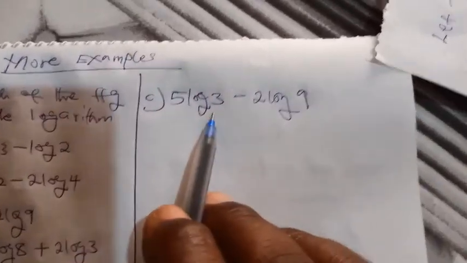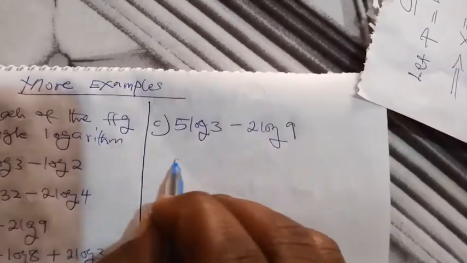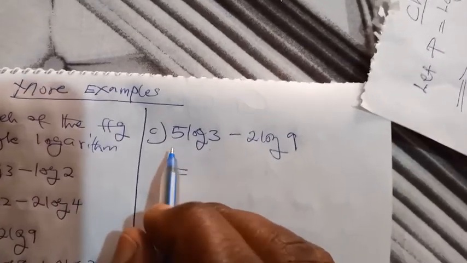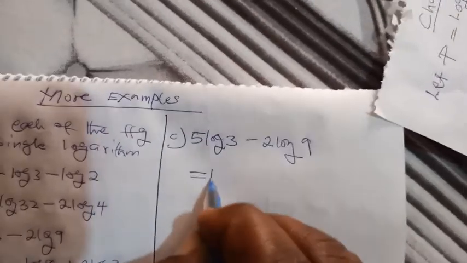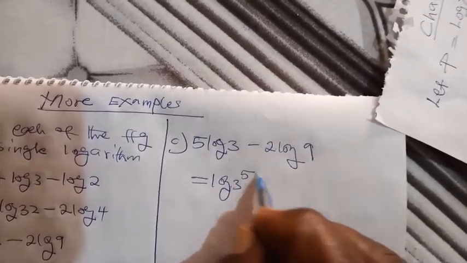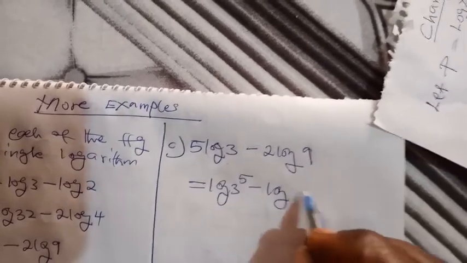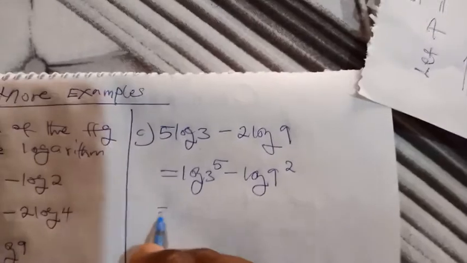They are both to base 10, though the bases are not written. What I should apply here is the third law, which I will undo. So I'm going to have log 3 raised to power 5 minus log 9 raised to power 2.